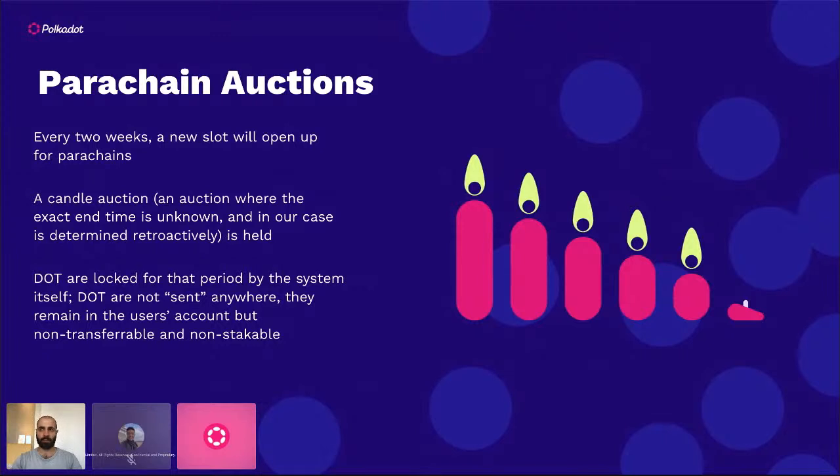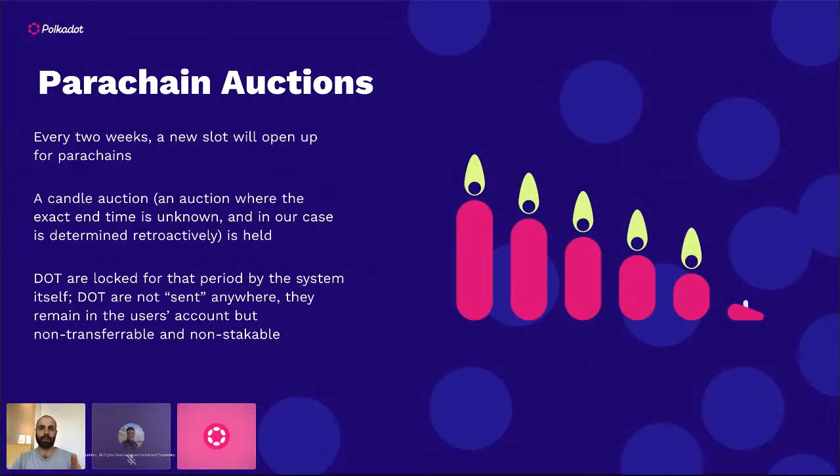This creates an environment where auctions don't have the sniping functionality, such as eBay auctions. And on top of that, after the ending period in Polkadot, the winner of the auction during the candle auction is decided retrospectively using a randomness function.